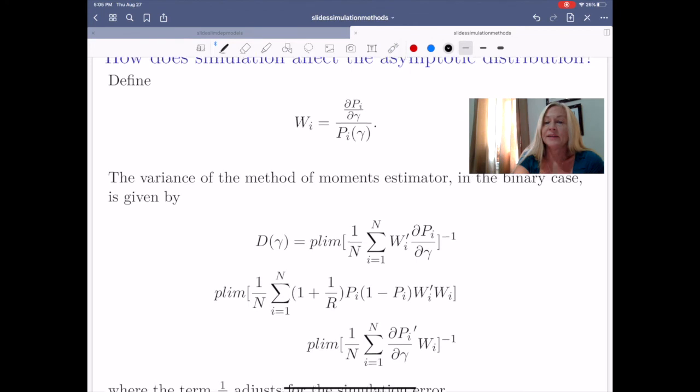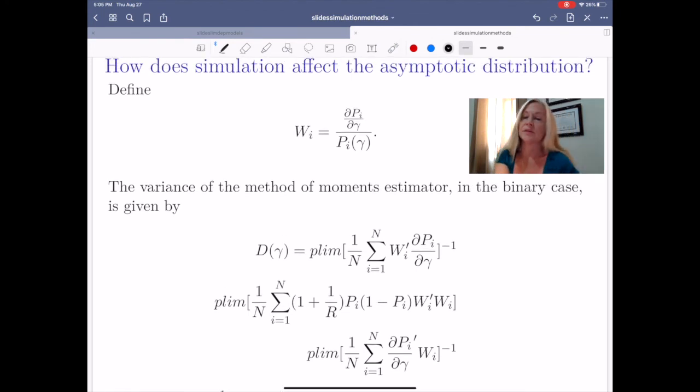Okay, how does simulation affect the asymptotic distribution? These slides just don't have a lot of information on it. I just give you the result here. But if you take a look at McFadden's paper, that's really what he studies, but it's not the easiest paper to get through. When you set it up as a method of moments problem, you basically have a GMM estimator.